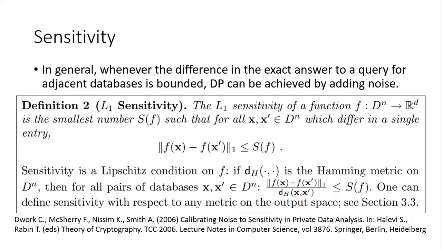Because you then know your sensitivity is 0.12, to make it epsilon differentially private, you can add noise with a Laplace distribution that has a standard deviation proportional to 0.12 divided by epsilon.